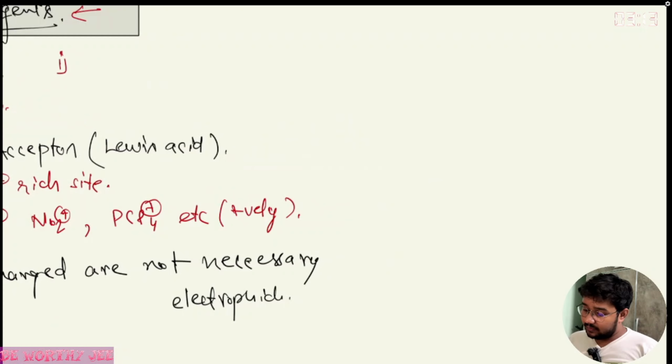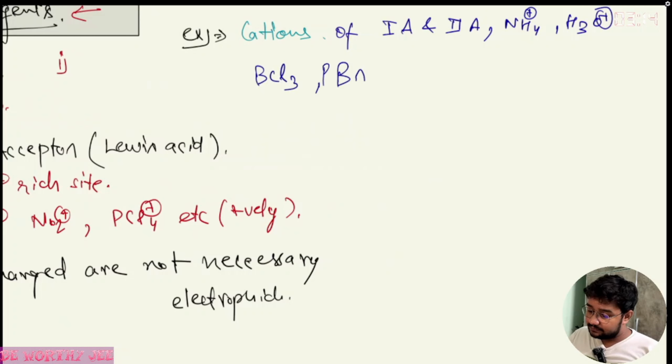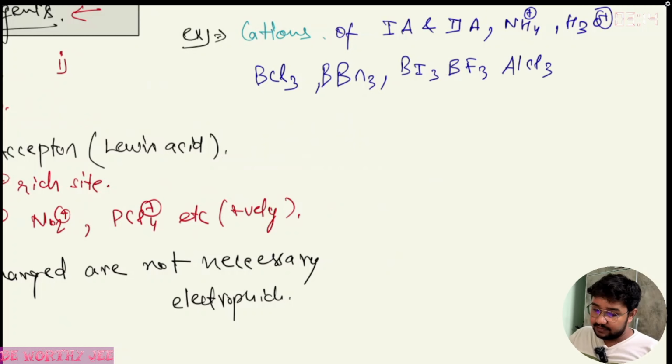We can write more examples here as well, such as cations of first A and second A group, NH4 plus, H3O plus hydronium ions also. These are electrophiles. BCl3, BBr3, BI3, BF3, AlCl3.